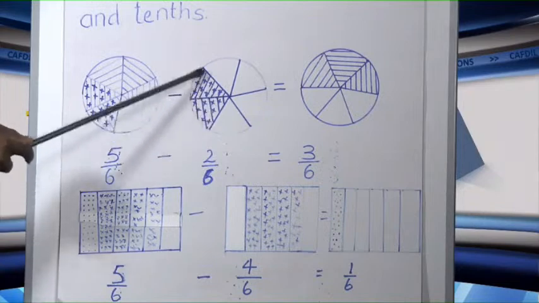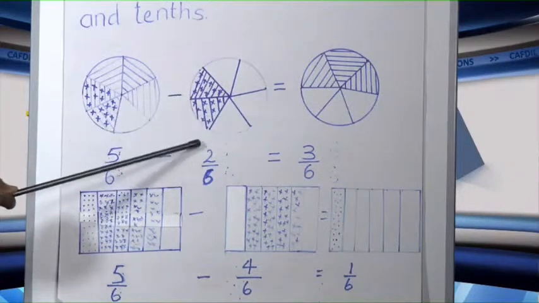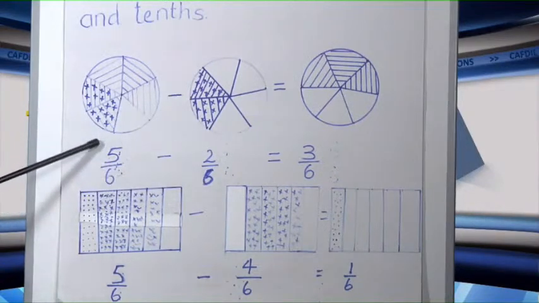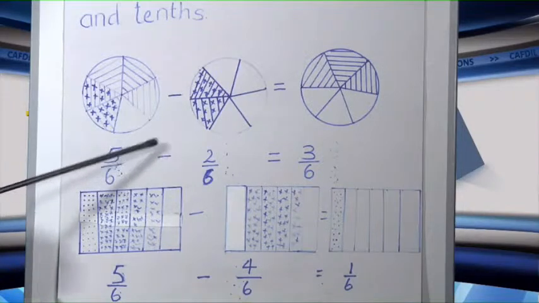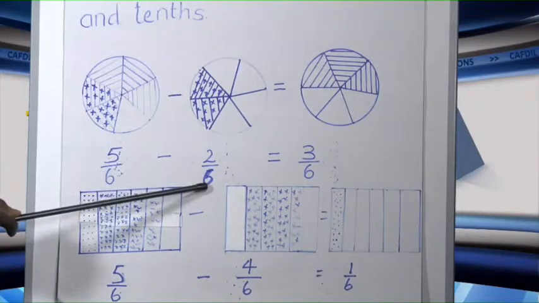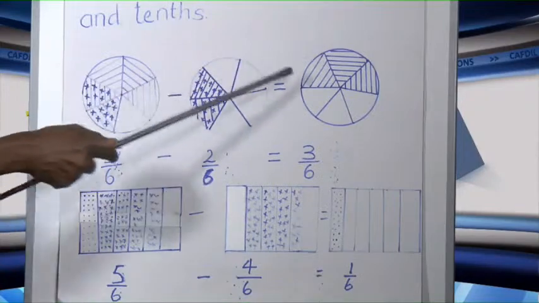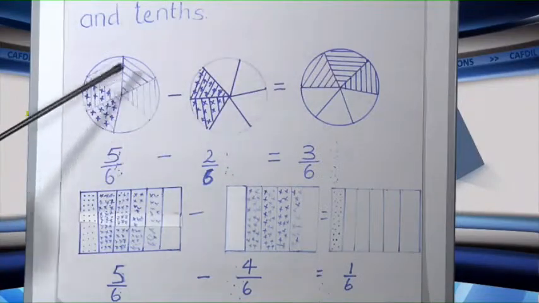There are 2 of that part. It's 2/6. So we have 5/6 minus 2/6. You have taken this out of that. So this is what is left. Here it is.